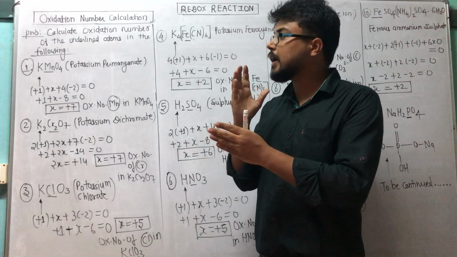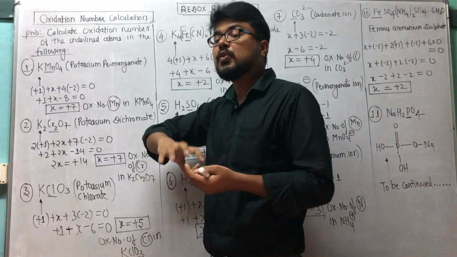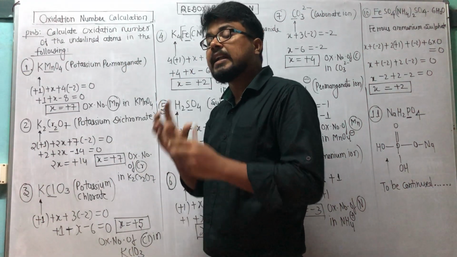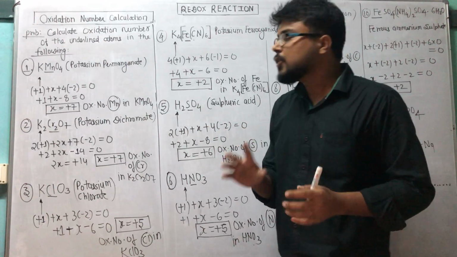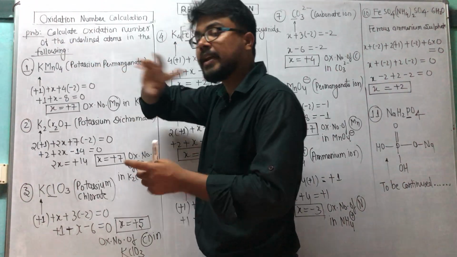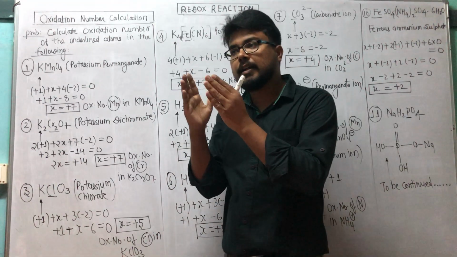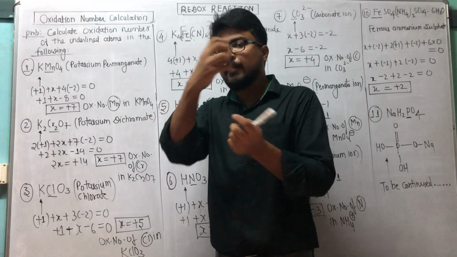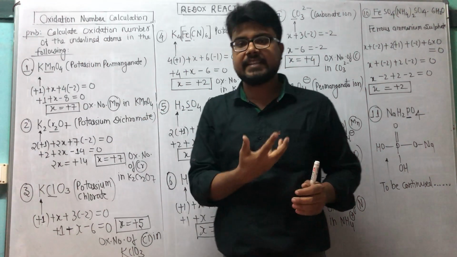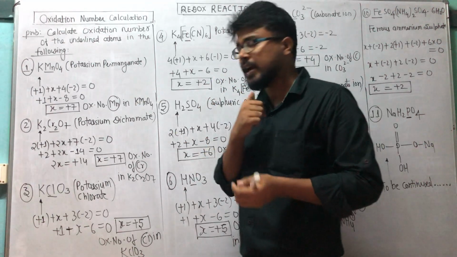We consider oxygen as -2, a normal oxide, until and unless some data is provided by the examiner. I will consider oxygen as -2 in almost 95% of cases. I will discuss cases where oxygen is -1, -1/2, +1 and +2 in different examples in the next part of this video.